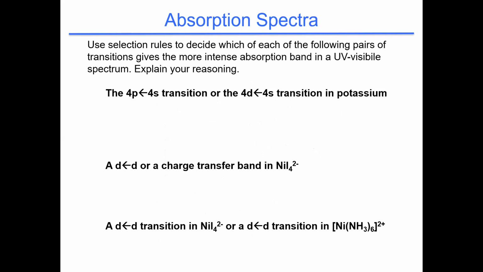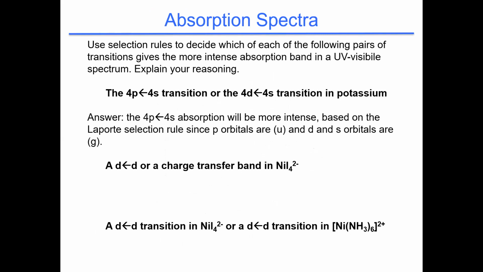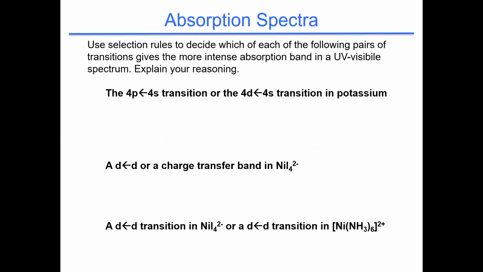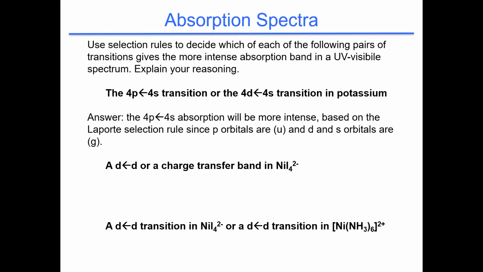So just a few examples. We can use the selection rules to decide which of each of the following pairs of transitions will have a more intense absorption band in the UV-visible spectrum. When you're deciding between the 4S to 4P transition or 4S to 4D transition, the 4S to 4P absorption will be more intense based on the Laporte selection rule, since p orbitals have u symmetry and the d and s orbitals are g symmetry.